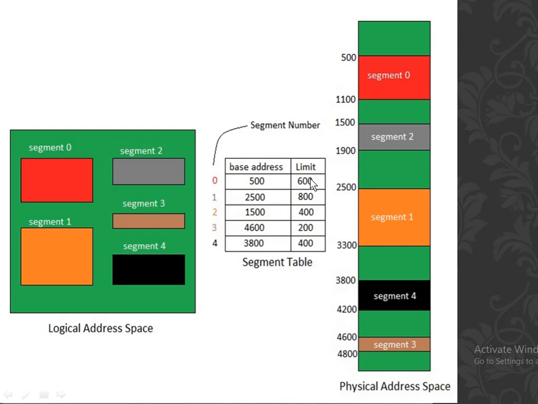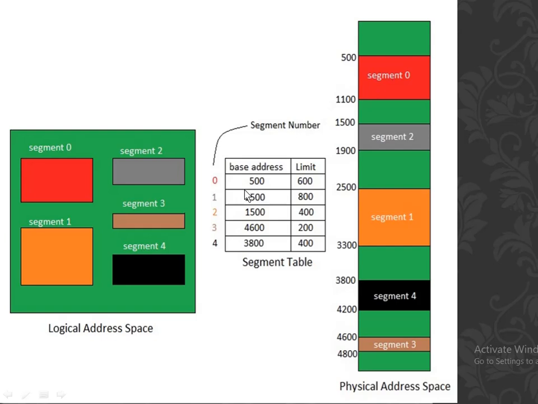Now compare: 400 is less than 600. The condition is true, so 400 plus 500 is 900. Yes, it is within the range, and you can identify this segment and execute that particular frame, right?